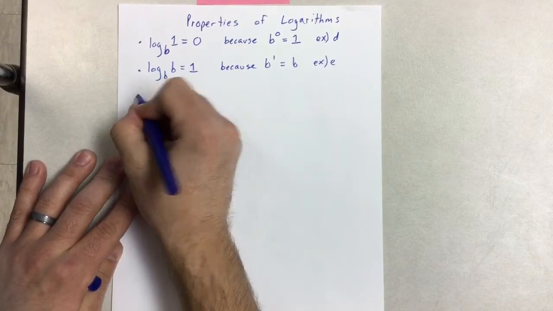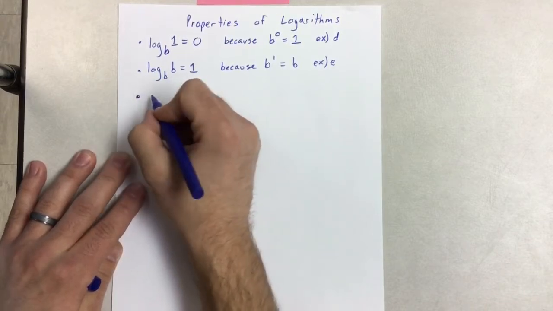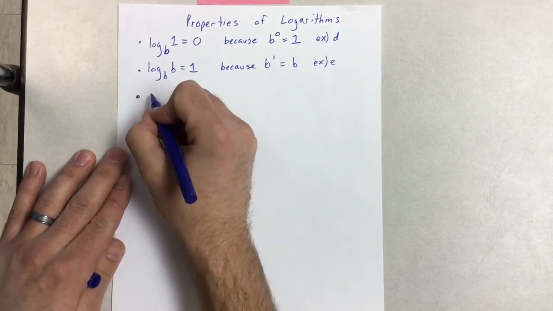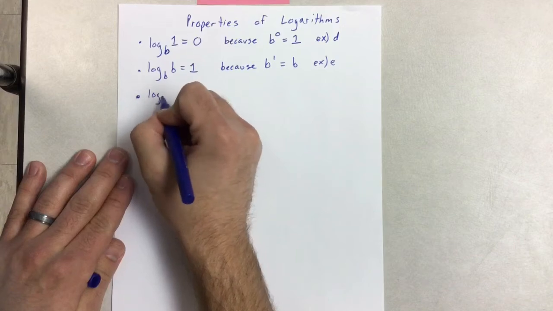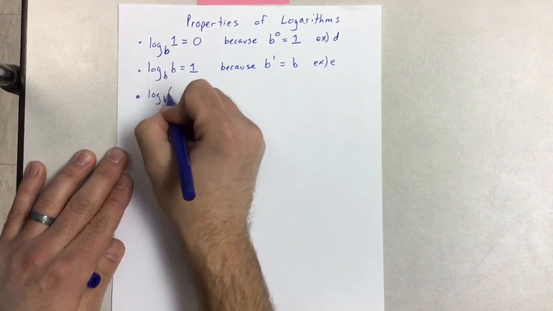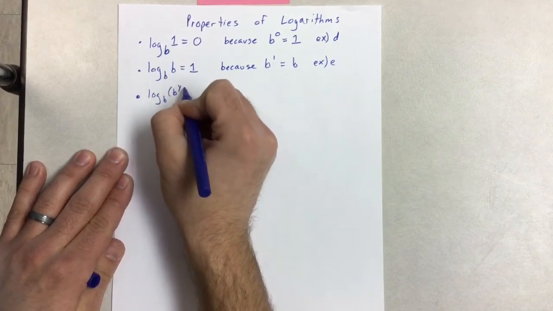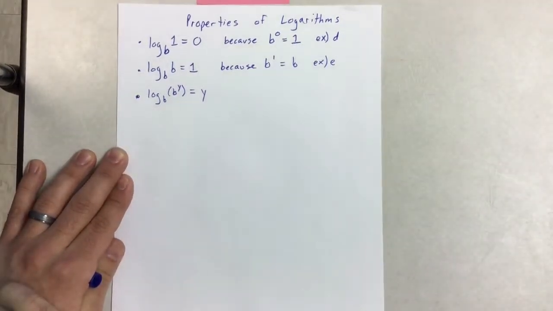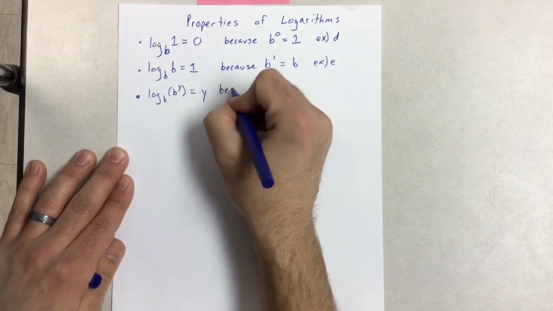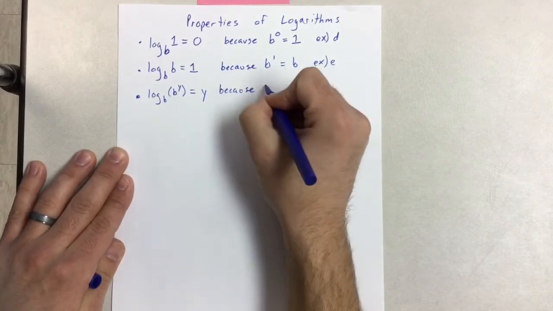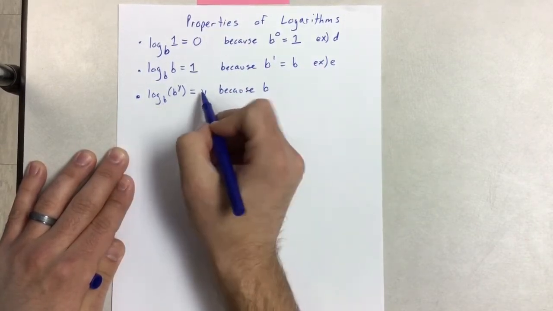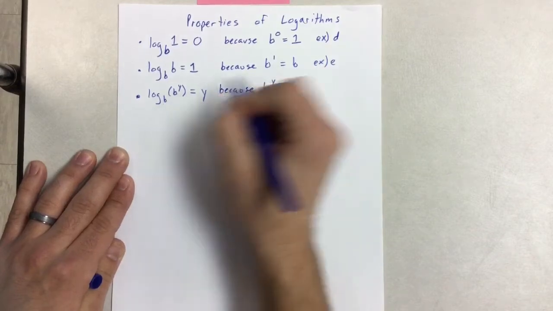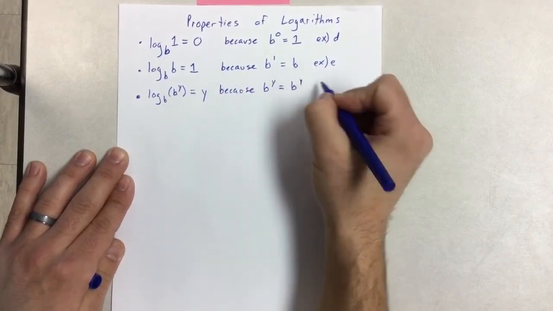The next one is a more subtle property that we were actually using, just not realizing it. Log base b of b raised to the y power will equal y, because b raised to the y power equals b raised to the y power.